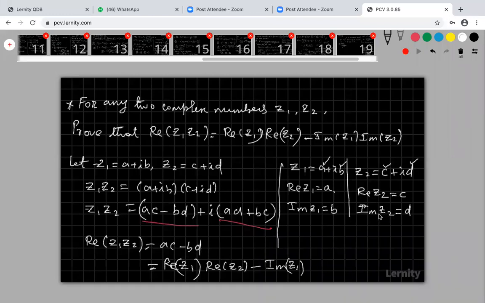My D is imaginary of Z2. That's all, this is the answer. I have proved that real of Z1 Z2 is equal to real of Z1 into real of Z2 minus imaginary of Z1 into imaginary of Z2. Are you okay? Are you clear?